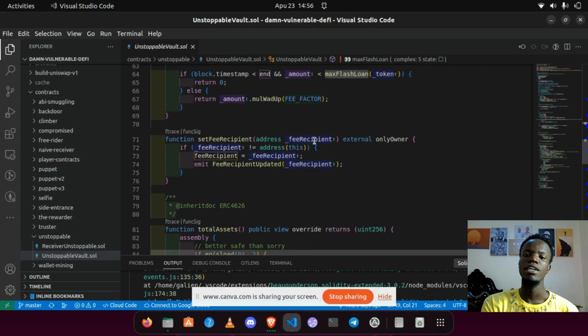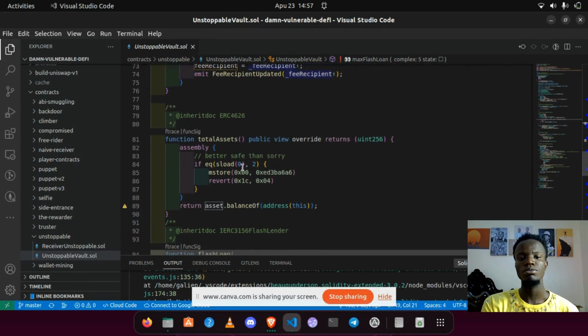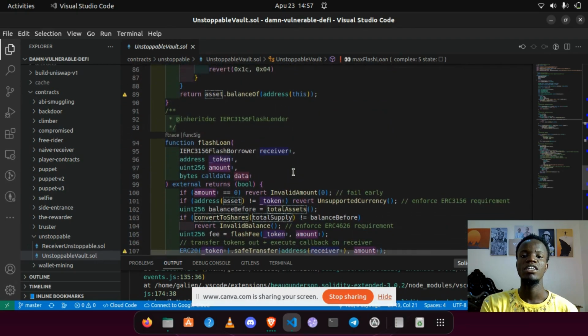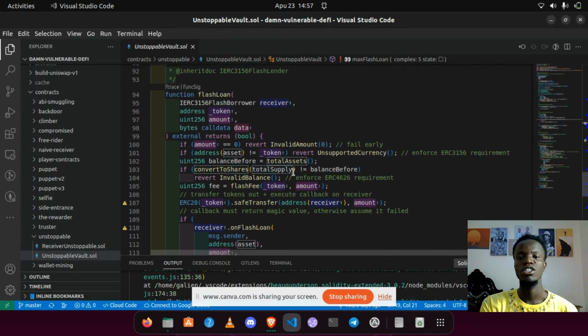This one updates the address of the fee recipient. We have totalAssets, which returns the total amount of tokens held by the contract, and we have flashLoan. This one initiates the flash loan and also executes the callback of the receiver contract.